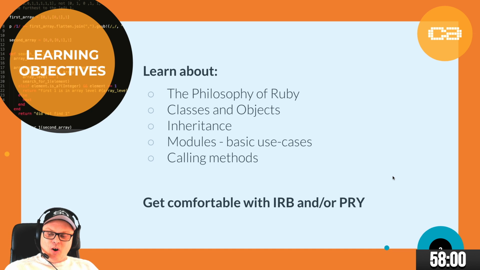Methods are in Ruby what functions are in JavaScript, just so we know that we use that a little bit interchangeably. And we want to try to get comfortable with IRB, which is the interactive Ruby shell, and I will show you that.